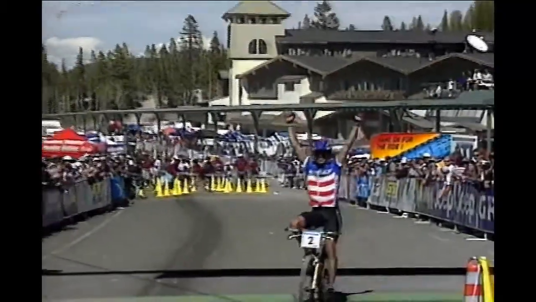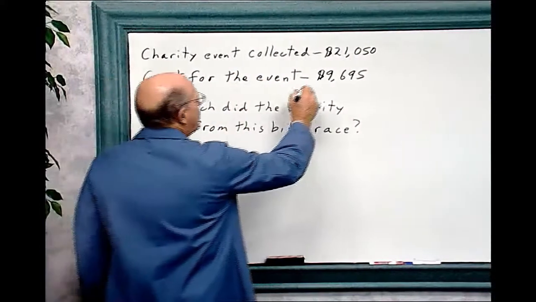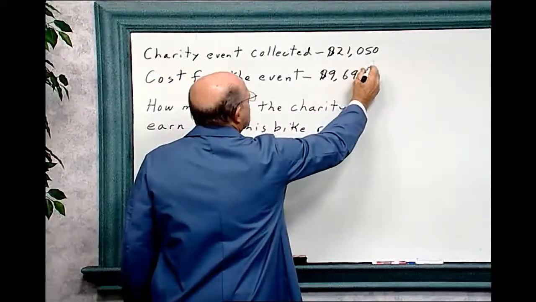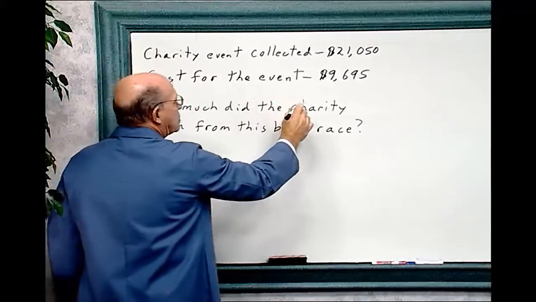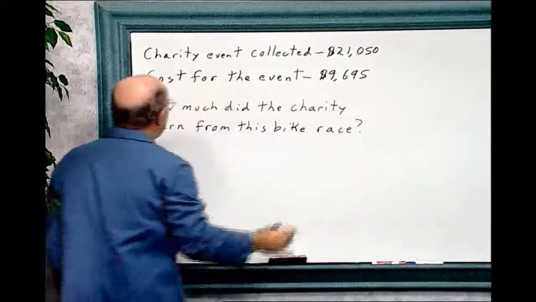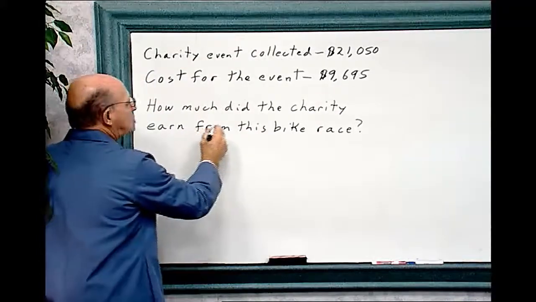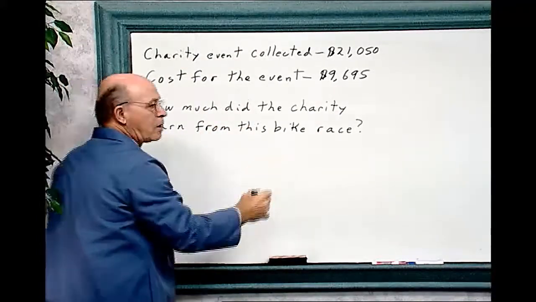Let's do the math. The charity event collected $21,050. The cost for the event, that bike race, cost $9,695. The question is, how much did the charity earn from this bike race? So what was the profit?